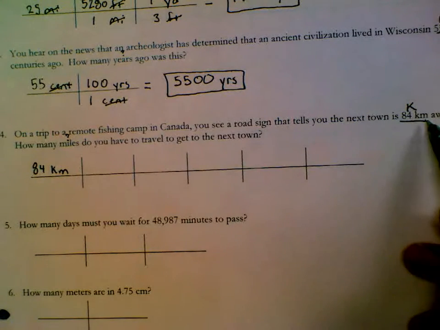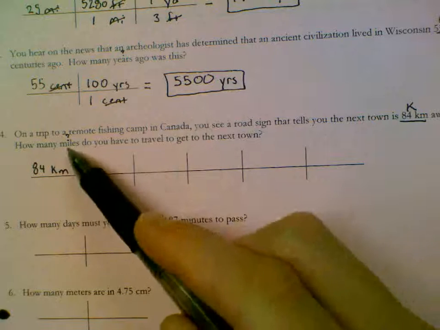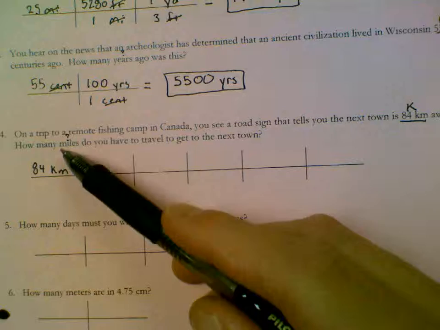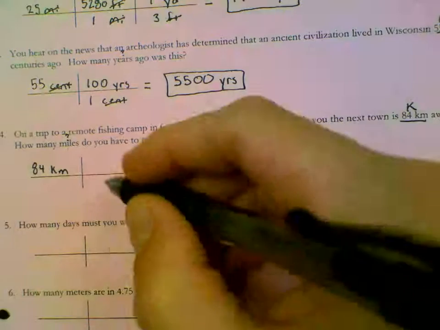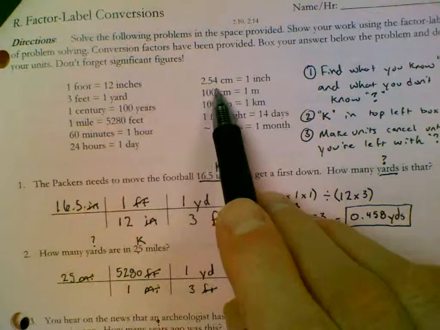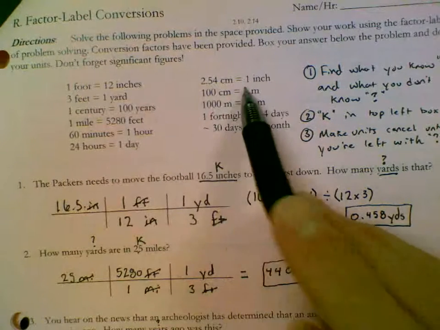Now, kilometers is in metric, miles is in the English system of measurement, so we need to switch from kilometers to miles. To do that, we need to find a conversion that goes from a metric length to an English length. 2.54 centimeters equals 1 inch. This is our halfway point in this problem.